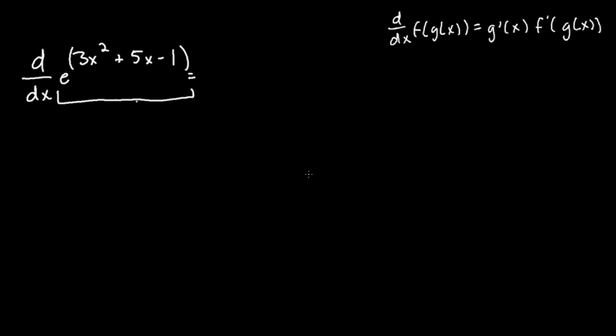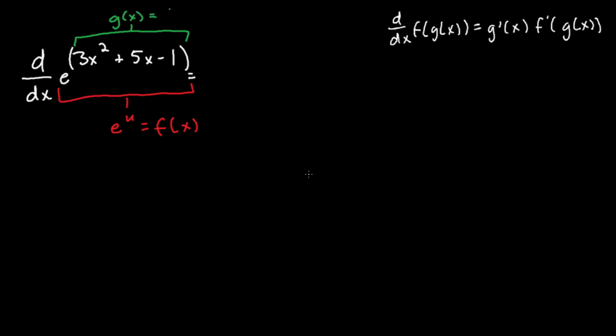But basically the outer function, let's use red, is simply e to the something, u in this case. That's equal to our larger function, f of x. Our inner function is what's actually being powered, which is g of x. And g of x is equal to 3x squared plus 5x minus 1.